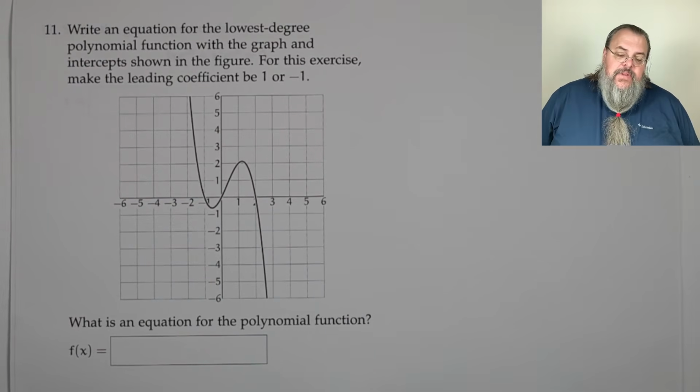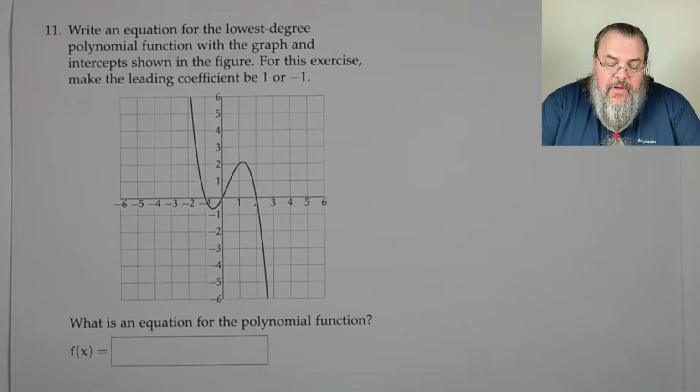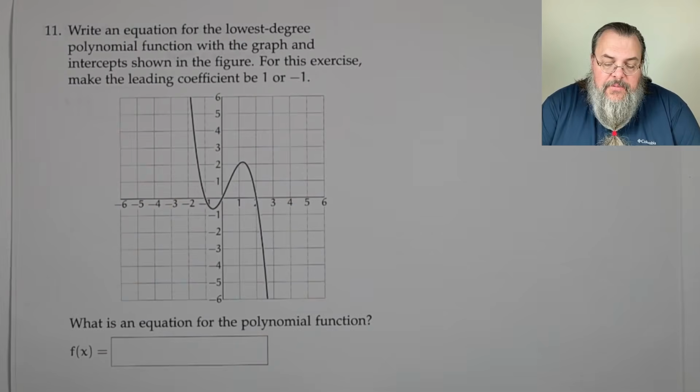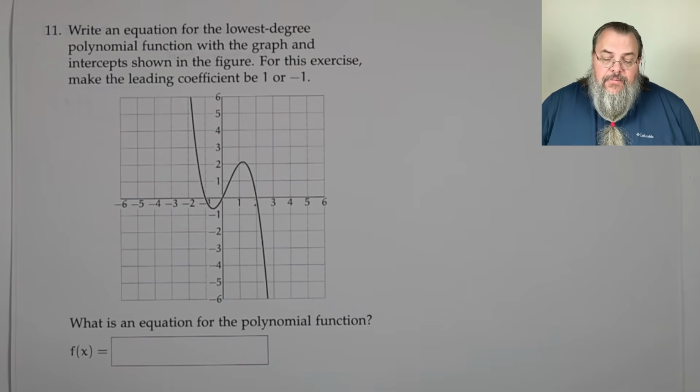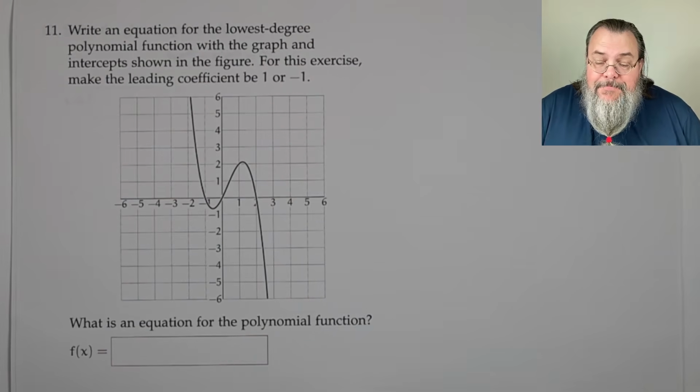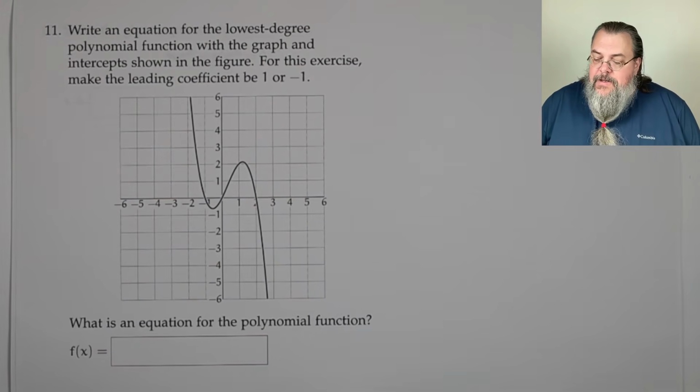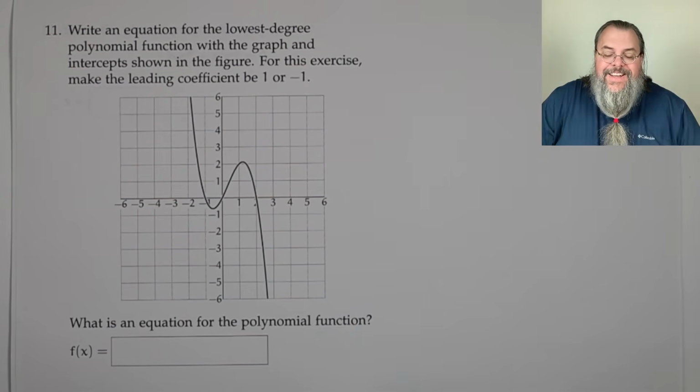Number 11. Write an equation for the lowest degree polynomial with the graph and intercepts shown in the figure. For this exercise, make the leading coefficient be 1 or minus 1. Now, you say, well, how do I figure out lowest degree?